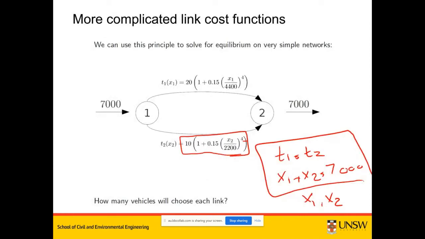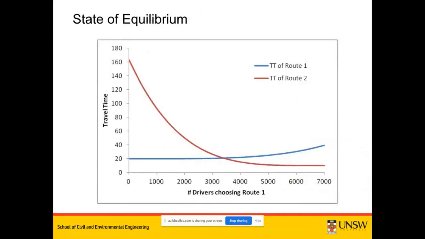But what is interesting is if you actually plot these two travel time functions against each other in a graph like this, where you have x on the bottom and you have the travel time function on the y-axis.